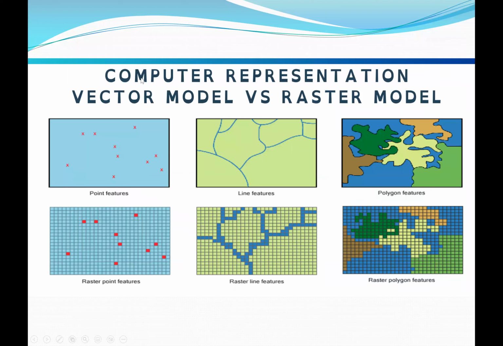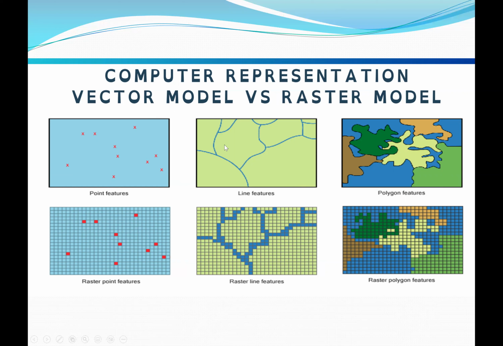And next is the computer representation, the vector model versus the raster model. A raster normally consists of pixels, and this is how data is represented in a computer system. The first example, we have the point features.